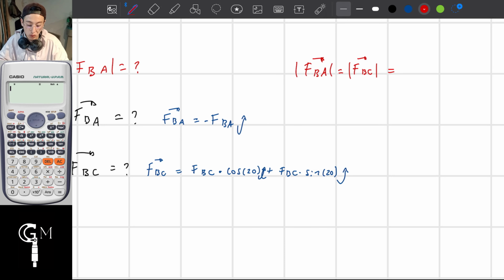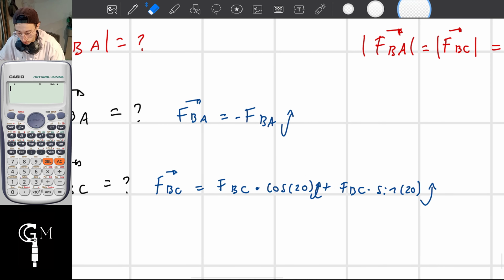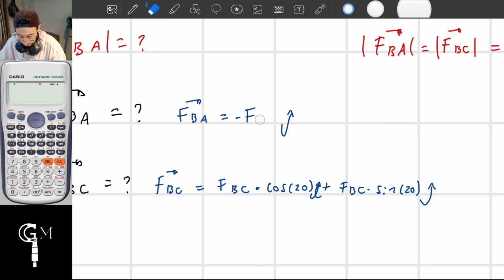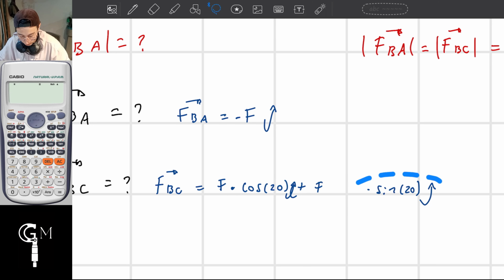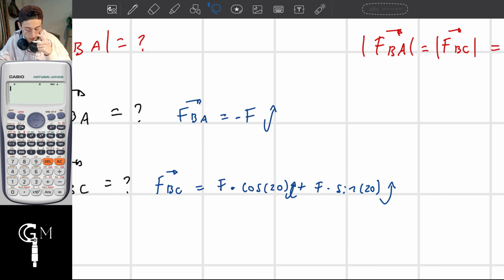Hence, I can call this unknown as F, because it's simpler. So I can get rid of this, and this. Alrighty. Yeah, that's it.